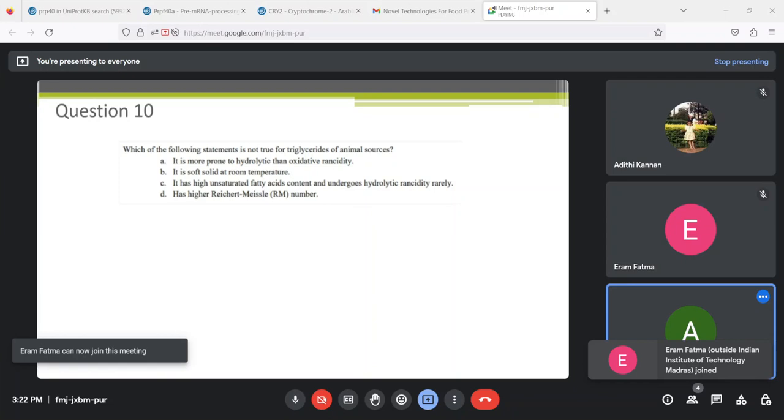So any clue what the answer is? Before we proceed further, any idea what a Reichert-Meisel number is?